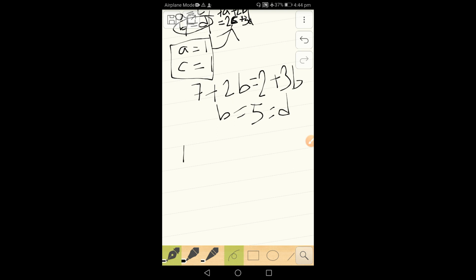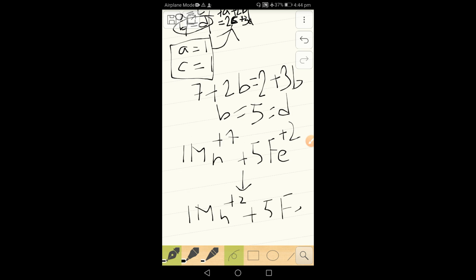So we have 1 Mn plus 7 plus 5 Fe plus 2. This would give us 1 Mn plus 2 and 5 Fe plus 3. So this is our final balanced reaction.